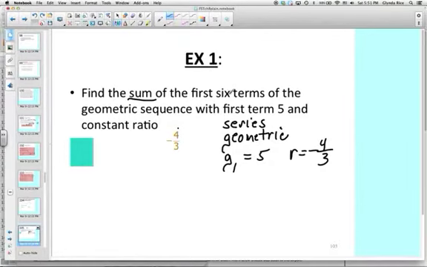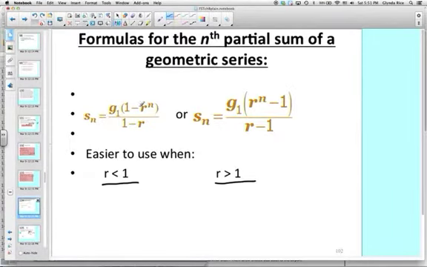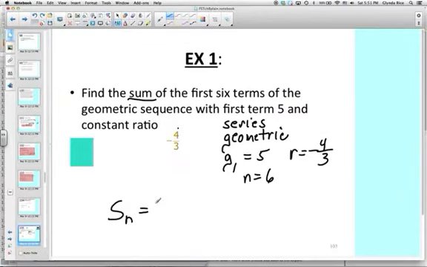So the first 6 terms, so n is 6. S sub n equals, go back and look, we're going to go 1 minus r to the n over 1 minus r. So g sub 1, 5 times 1 minus r, so -4/3 to the n, 6, over 1 minus a -4/3.